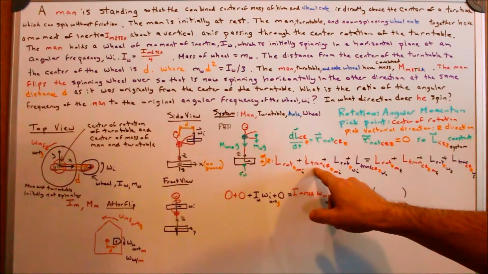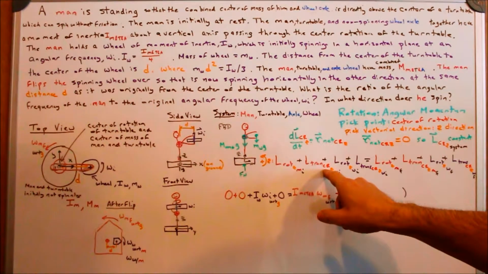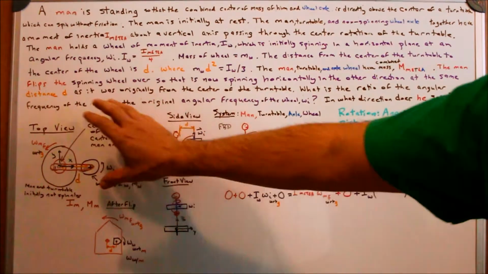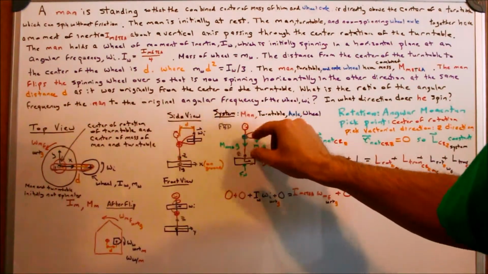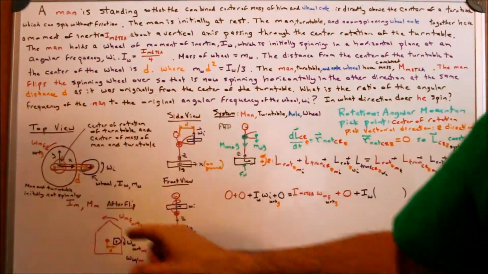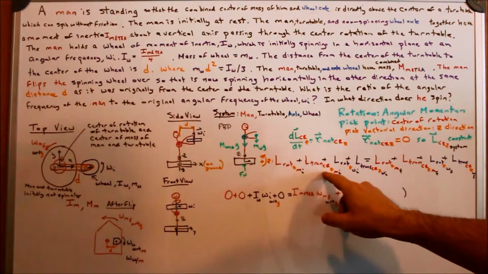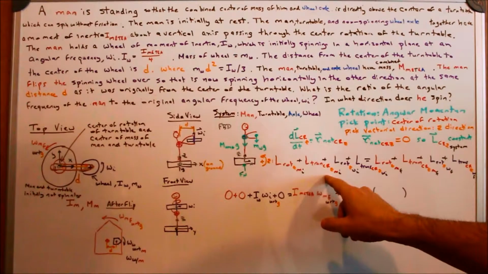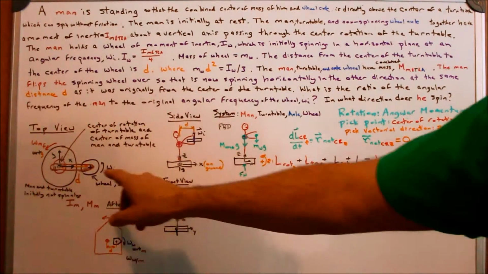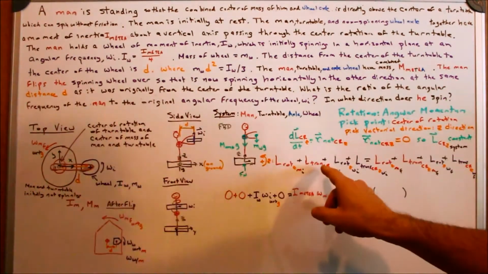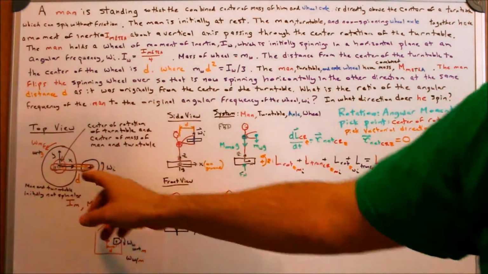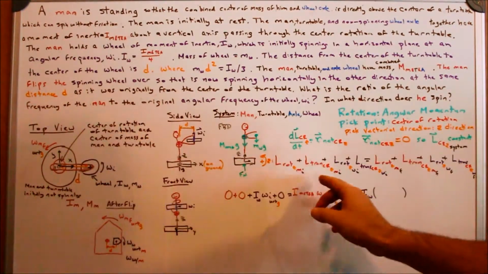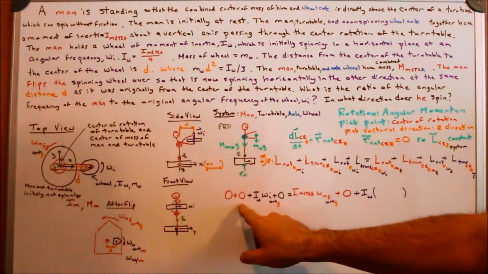Translational, around my center of rotation: think of all the system condensed down to a point above the center of rotation. Then it's r cross p of the man system. Well, r is the distance from the center of rotation to the center of mass of the system, which is 0, and v is 0, so initially this translational term is 0 as well.